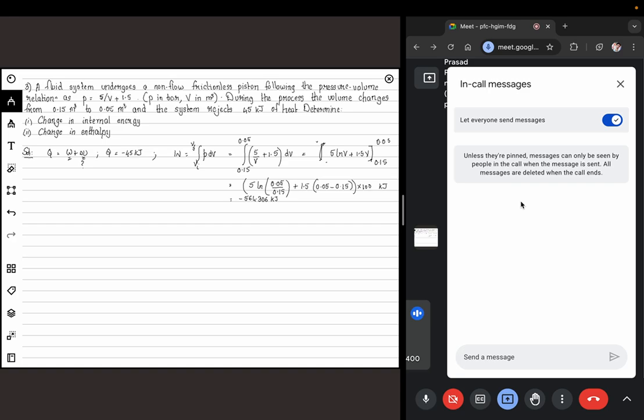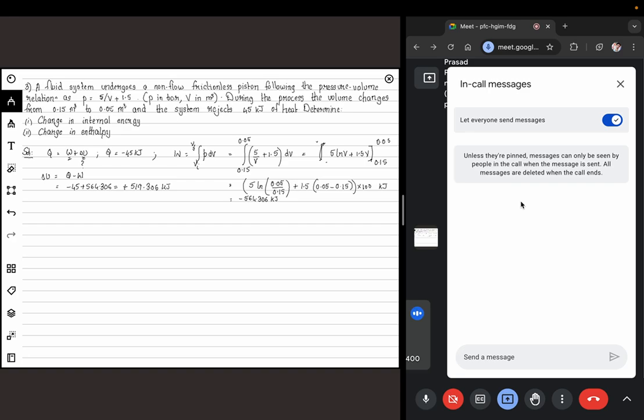Now I have my work done and my heat transfer, so I can calculate my internal energy change as Q minus W. That gives me a positive value of 519.36. So there is an increase in internal energy, which means your temperature is going to increase.